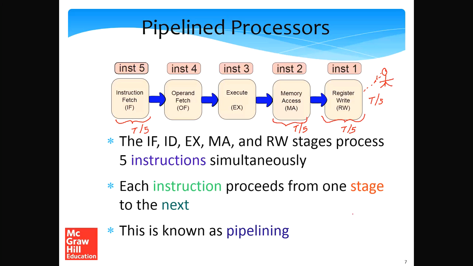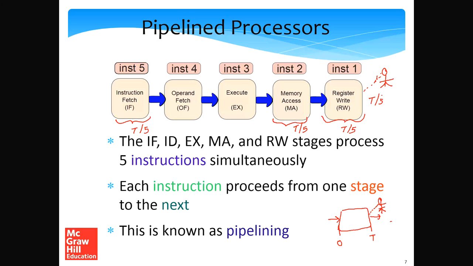But if the processor was not pipelined, and the observer is standing over here and looking, the observer will see that one instruction enters at t equal to 0. At t seconds, it finishes. In a sense, it comes out. Then again, one more instruction comes in. So every t seconds, one instruction comes out.